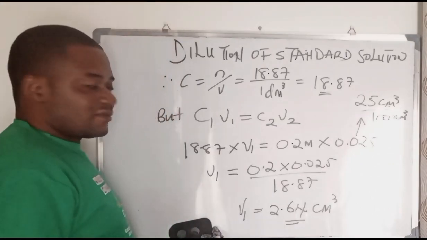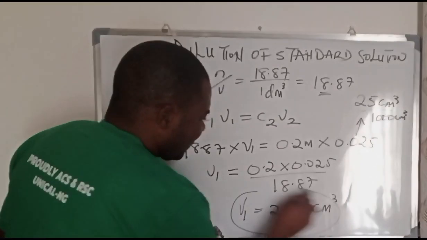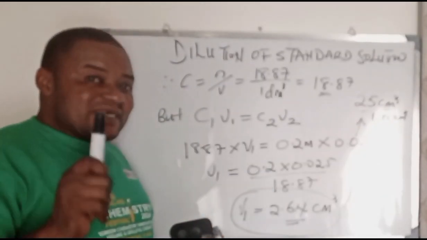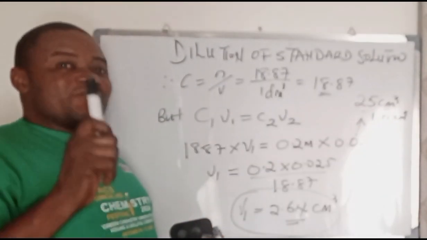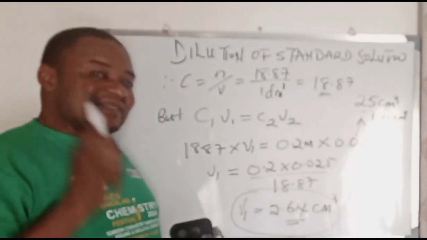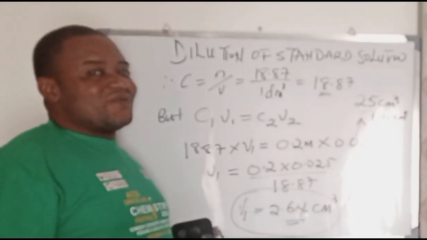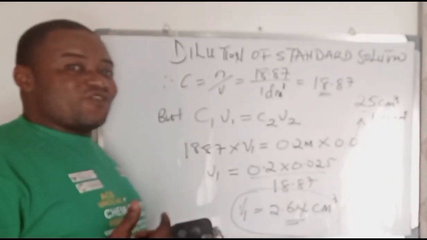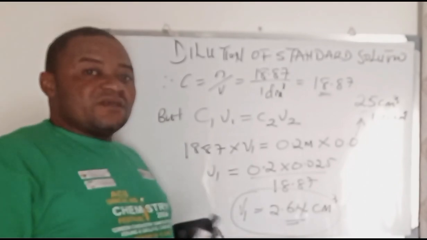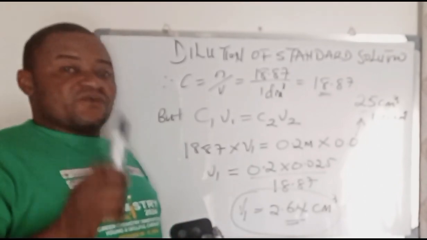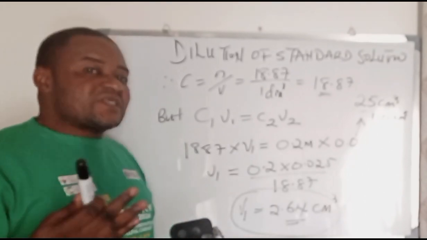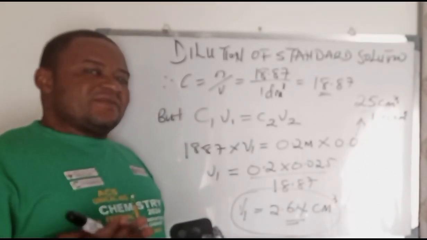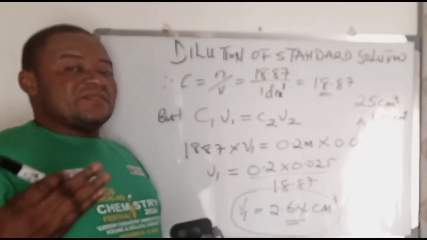That means that 2.64 is the amount of acid, the amount of H2SO4 that you need, that is required by you to prepare 250 cubic centimeter of 0.2 molar sulfuric acid standard solution. You have diluted the concentration. If you were preparing 0.2 molar of sulfuric acid, you will use like about, let's say, 16 point something cm3.